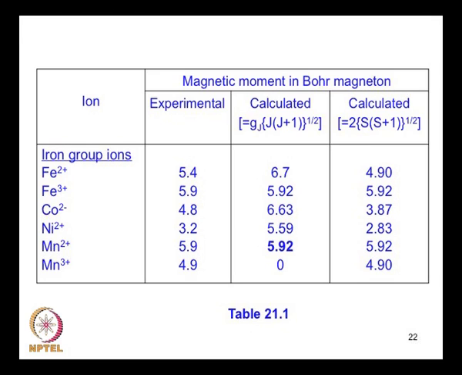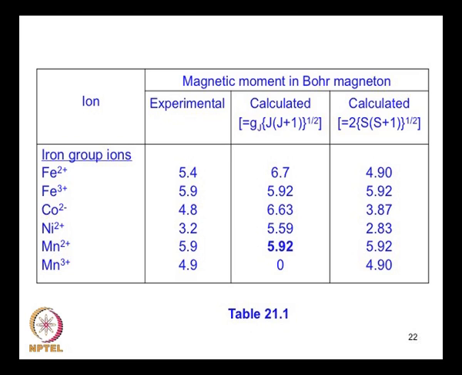So, there is no comparison between the experimental and theoretical values, whereas if you consider the spin only contribution, then the magnetic moment is equal to 2 into s into s plus 1 to the power half. Therefore, that calculated value comes to be exactly the same as the experimental value, 4.9 Bohr magnetons.